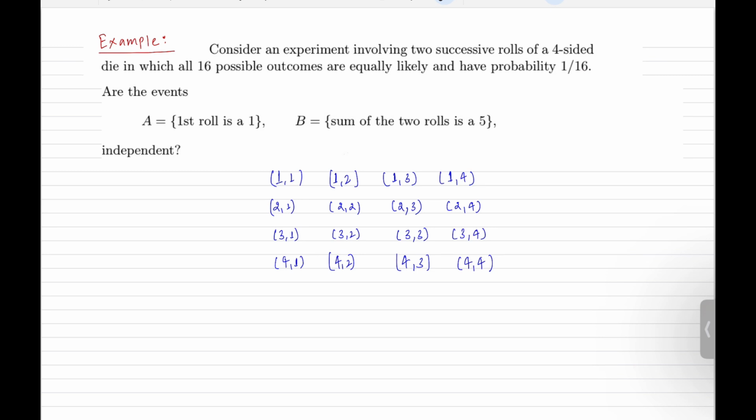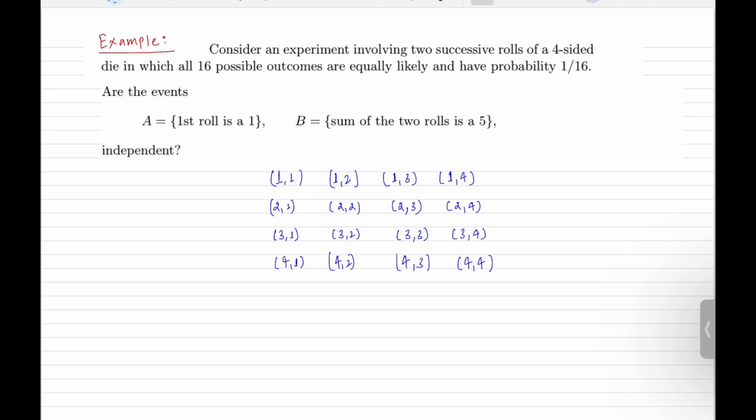Okay, now we have understood the question. Now the question is asking whether these two events A and B are independent. Event A is that the first roll is 1 and event B is that the sum of the two rolls is 5, right?